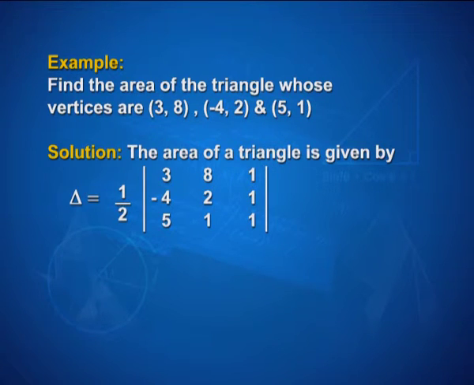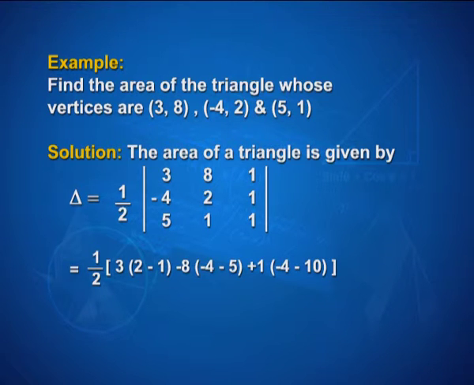For the solution, as we know, the area of the triangle is given by the formula determinant is equal to half of determinant 3, 8, 1, minus 4, 2, 1, 5, 1, 1 can be simplified as half of 3 into 2 minus 1 minus 8 into minus 4 minus 5 plus 1 into minus 4 minus 10.